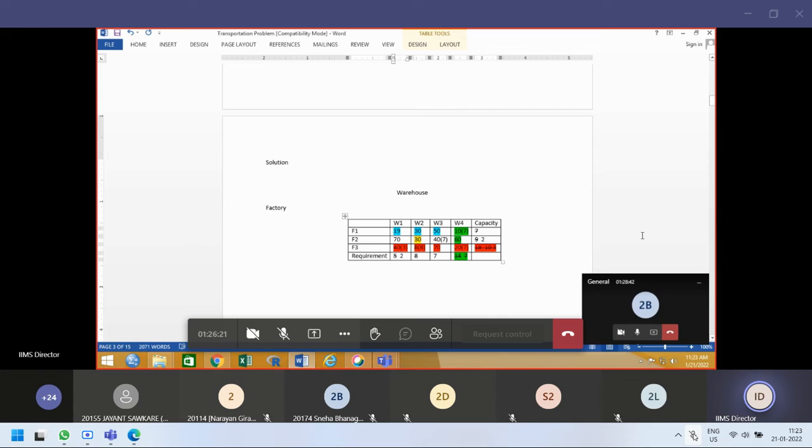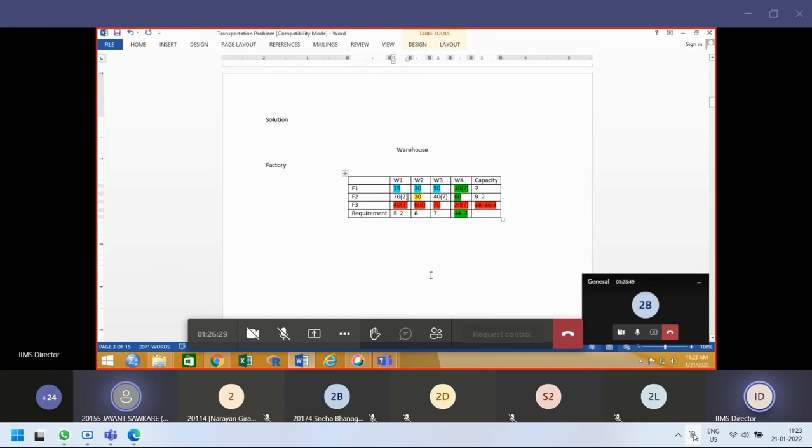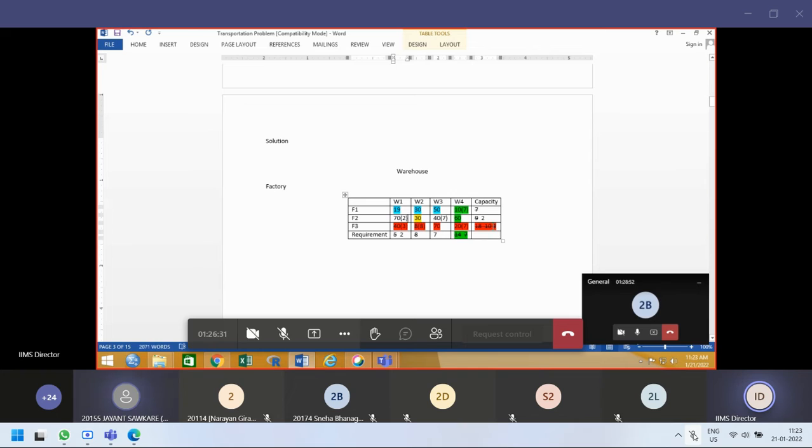So how much can I allocate here now? Come on. 2. Only 2 is left. So 2 is allocated. Now once the allocation is over, at the end capacity is 2 and requirement is 2. It means our answer is correct. Now here we have to find the solution. What is the solution? Total cost, total transportation cost.